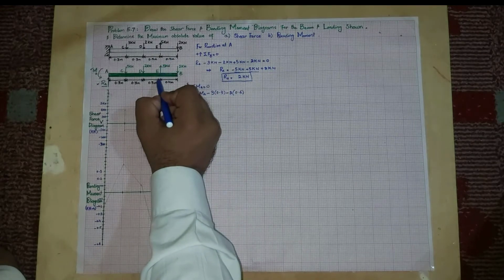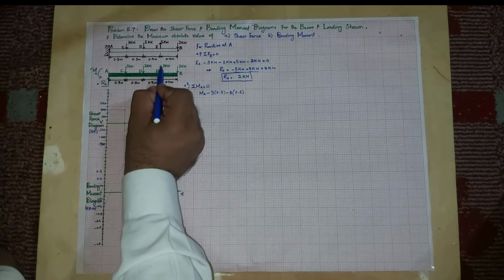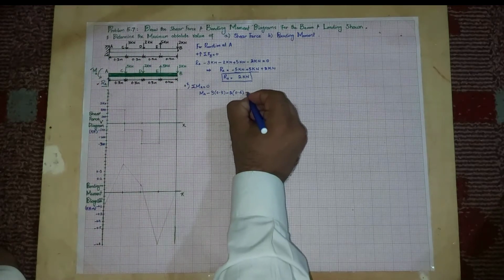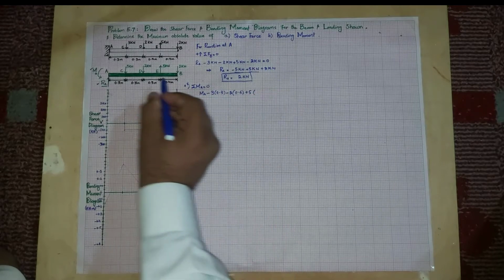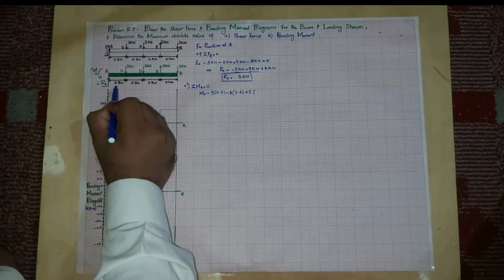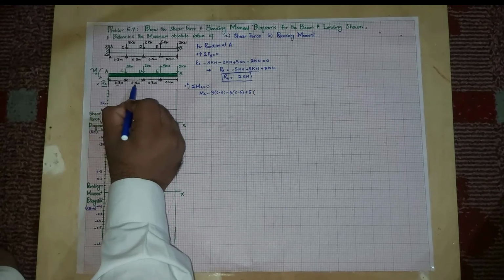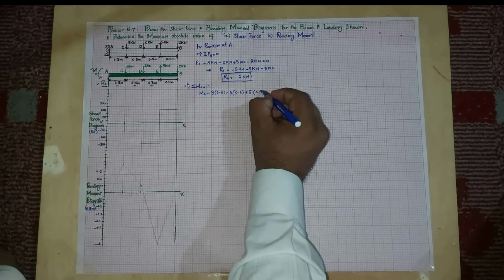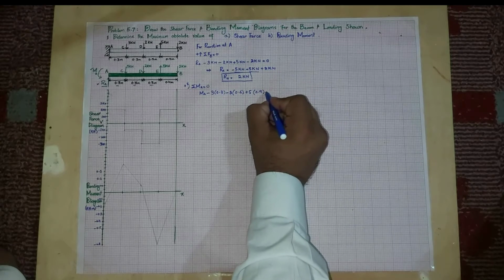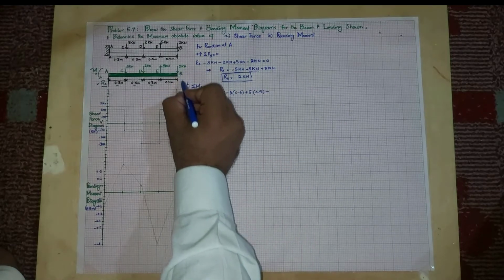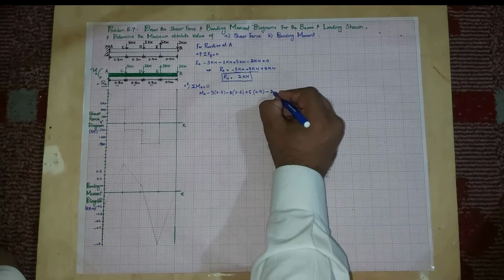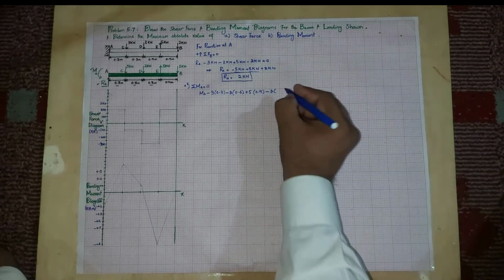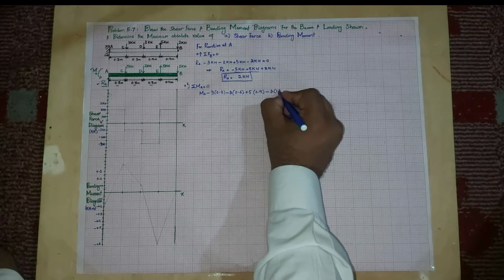Now this force is acting upward, so it is producing counterclockwise rotation, so that will be 5 into the perpendicular distance 0.9, because 0.3 plus 0.3 plus 0.3 from point A. Then minus this force which is producing clockwise rotation, so 2 into 1.3, the total length of the beam.